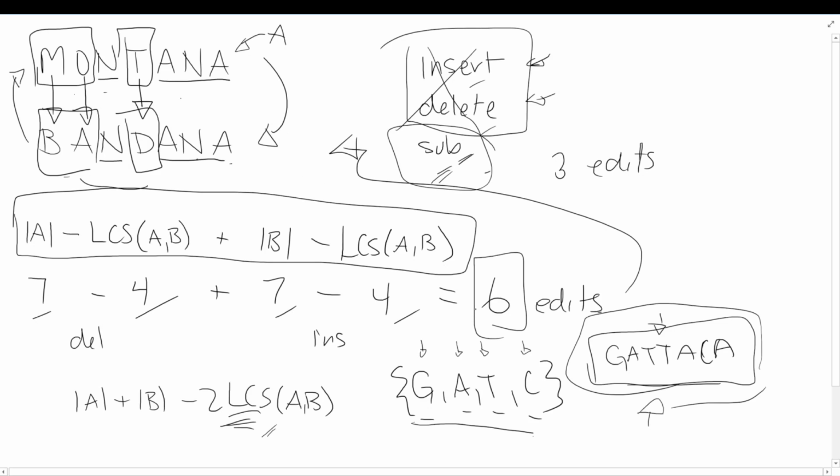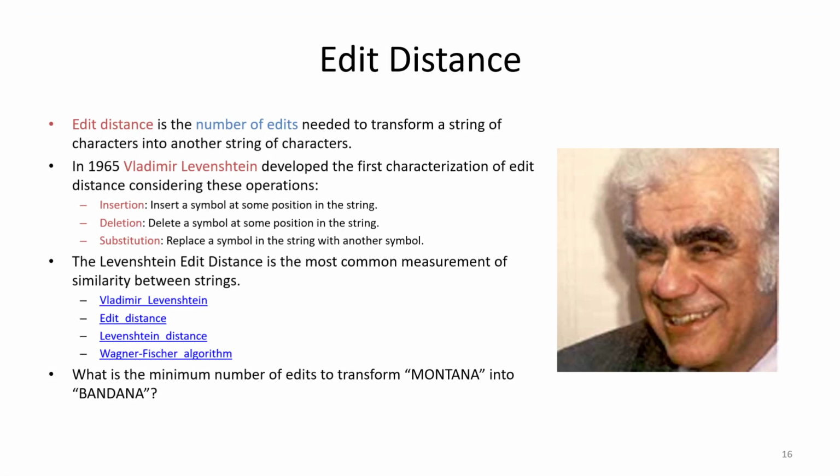Now, Levenshtein's original edit distance included substitution, but we could imagine also including some other operations as well. One of the reasons why he was studying these was, again, for typos or errors we might make in spelling. A very common error made, at least when you're sitting at a keyboard, is to swap two characters.